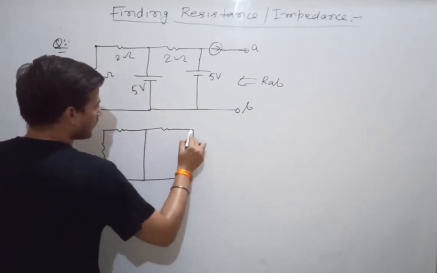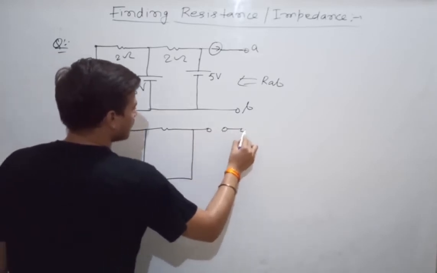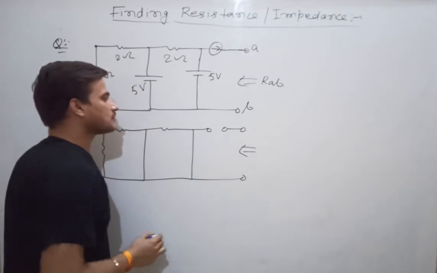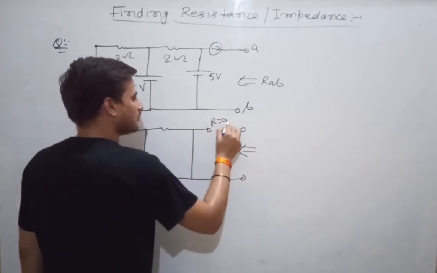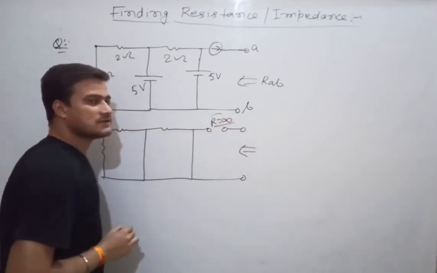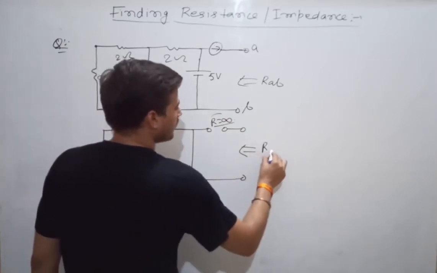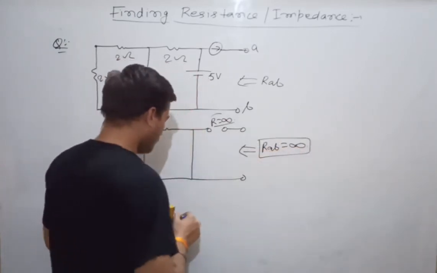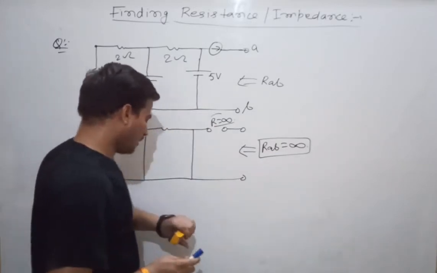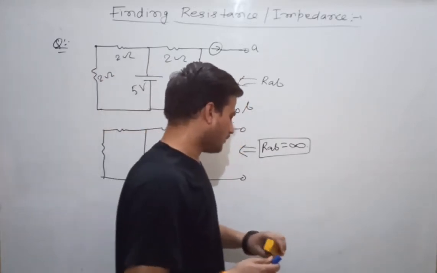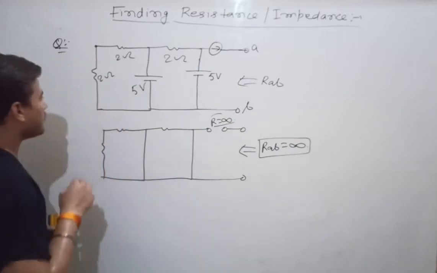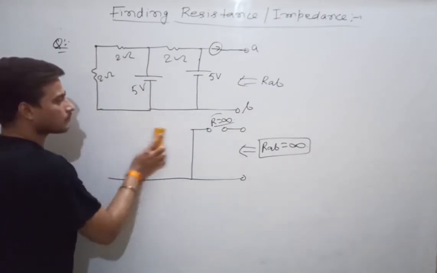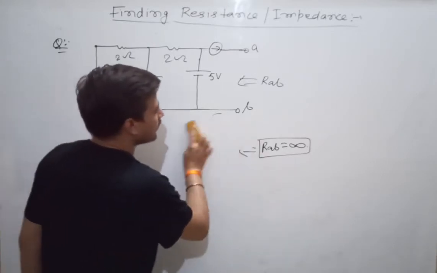This is a current source, so you will have to deactivate the current source. Once you have deactivated the current source, the resistance here is infinity. So RAB will become equal to infinity. Clear? I hope it is clear now.